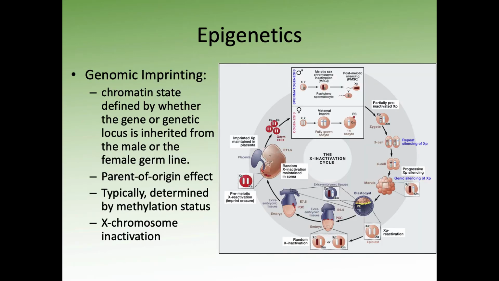I think the classic example when we talk about epigenetics is thinking about the case of genomic imprinting. When we talk about genomic imprinting, what we're talking about is that there's some sort of chromatin state that's defined by whether a gene or genetic locus is inherited from either the paternal or the maternal germline, so from the male and female germline.